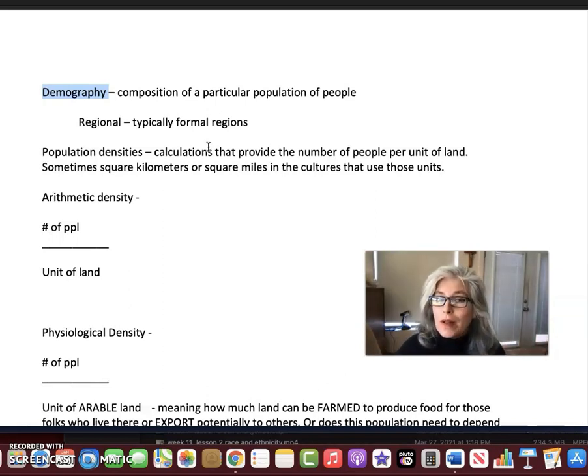Whereas geopolitical borders, such as the shape of the United States, or Mexico, or the Iberian Peninsula in Europe that has Spain and Portugal, tend to be the ways in which we look at demography, and we try to describe the population of people in a clearly delineated geographic region to better understand them.